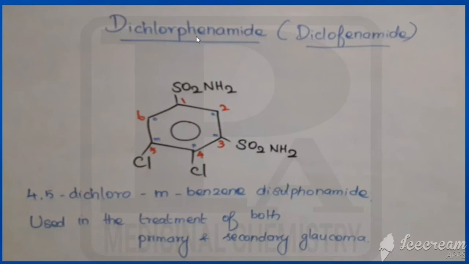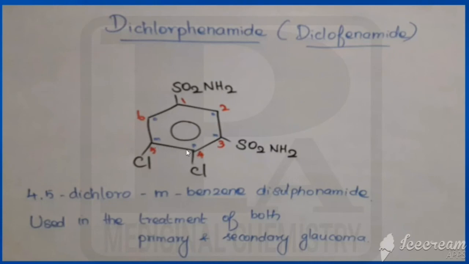Next drug is called dichlorphenamide. It is coming under metabenzene disulfonamide. So what is the structure of this one? It is having a benzene nucleus, and the first and third positions have sulfonamide groups, SO2NH2, and the fourth and fifth have chlorines.